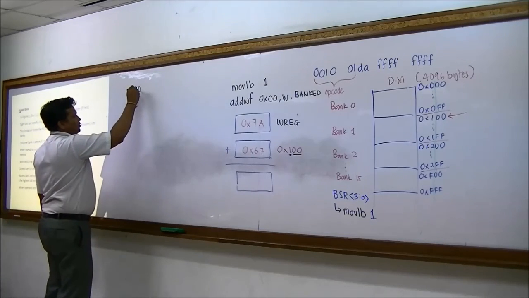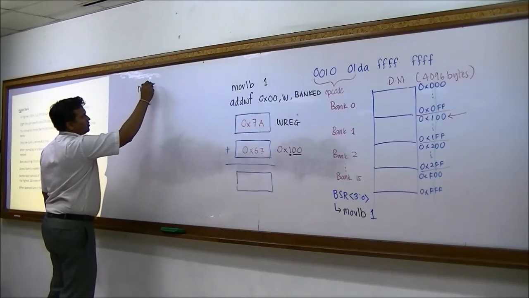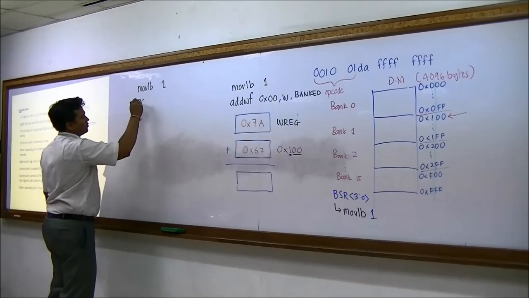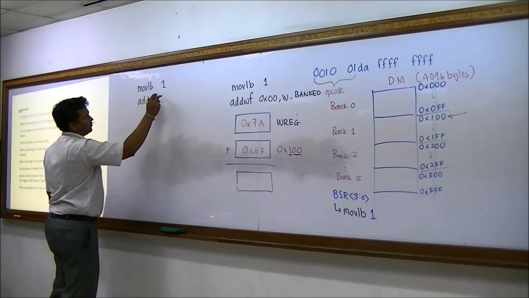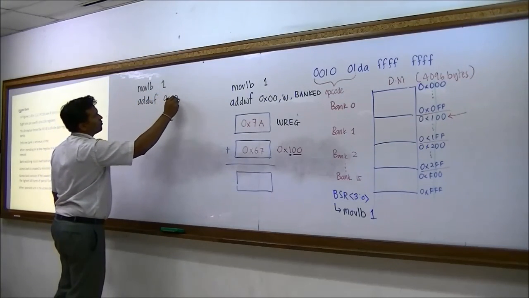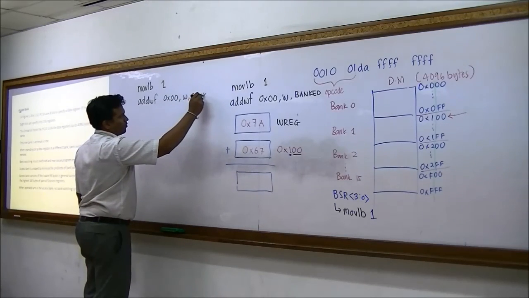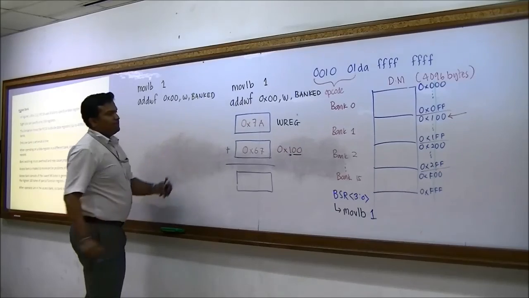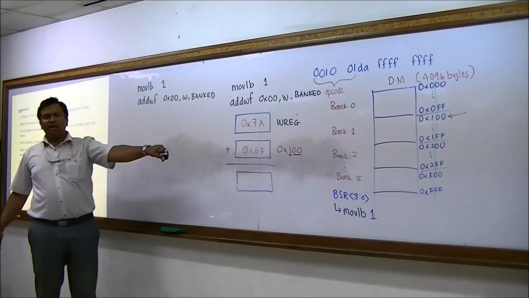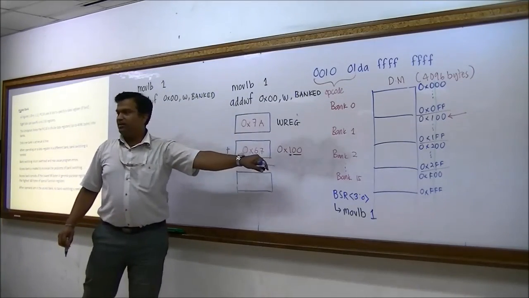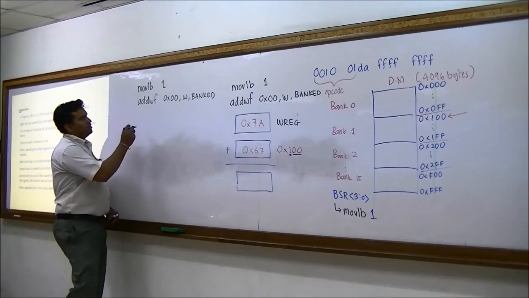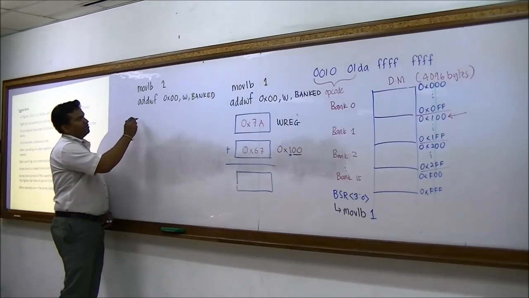So just now I mentioned we have the first case. The second one you want to do the same thing, but you want to add the working register with hex 200, for example. So can you straight away write like this?